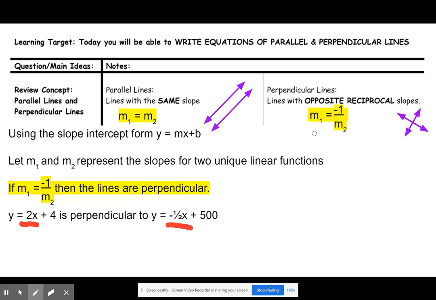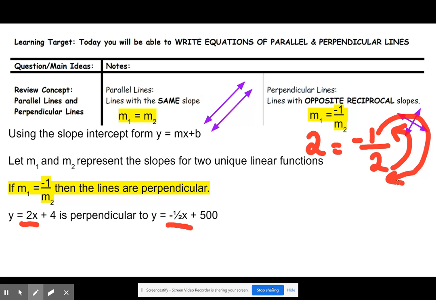If I use the formula I have up here, that would be 2. Is that equal to negative 1 over 2? See, they're negative reciprocals. So let me remind you what a reciprocal is. A reciprocal means that the numerator and the denominator switch sides.